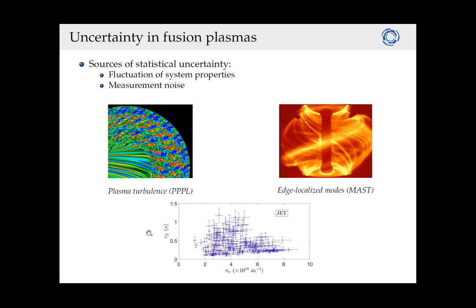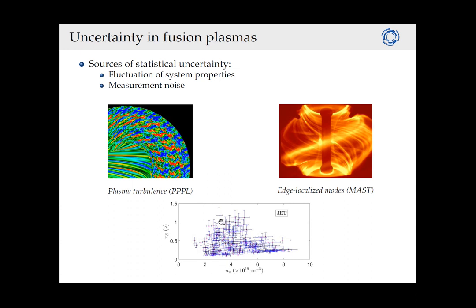So this is here a graph of basically the confinement time, so that is a measure for the duration that the plasma particles stay together and have the opportunity to fuse, versus the density in the plasma.